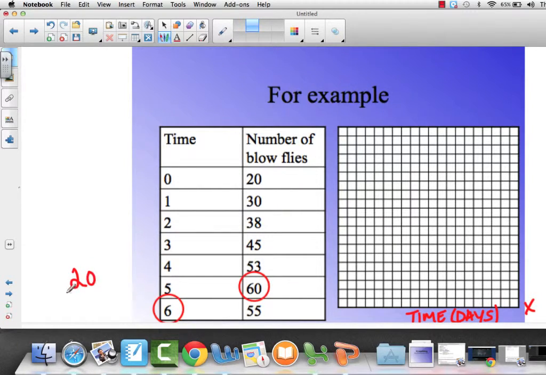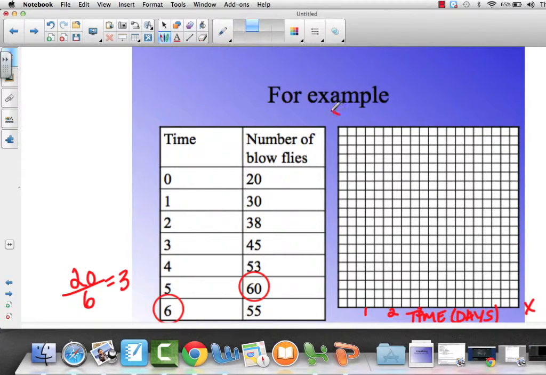So 20 divided by 6 is going to give me about 3, because 3 times 6 is 18. So it's a little bit more than 3. So that means each one can be 3. So I can count 1, 2, 3, and I can put a number 1. I can count 1, 2, 3, and put a number 2. 1, 2, 3, put a number 3. And I could keep going. Okay, and I'll show you what that's going to look like.